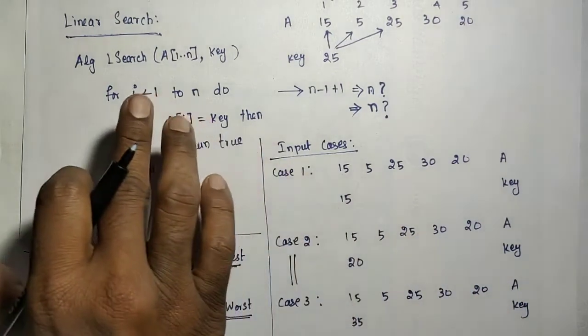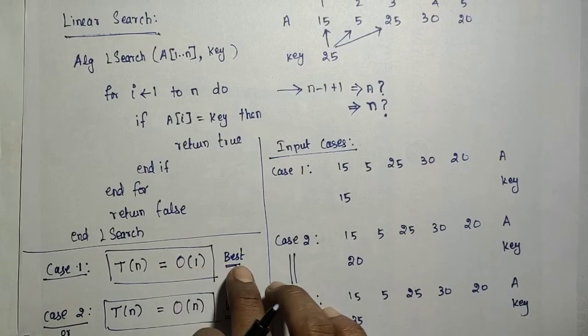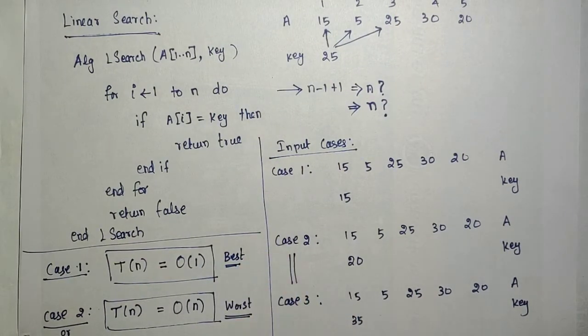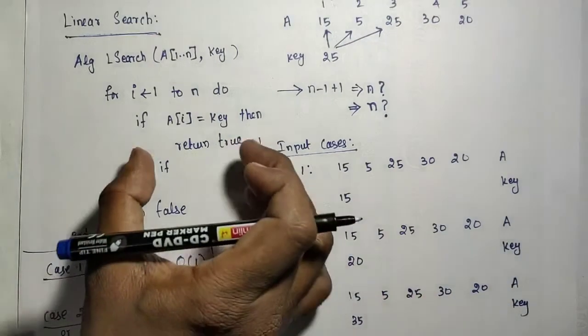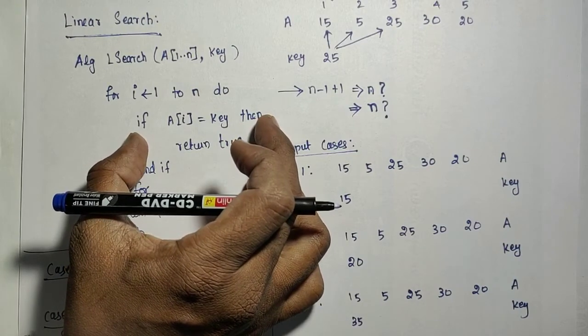So you should not say that my algorithm complexity is O of n as the best case. Always we have to consider only the worst case complexity. So this is a way of analyzing an algorithm if it contains loops and branching statements.